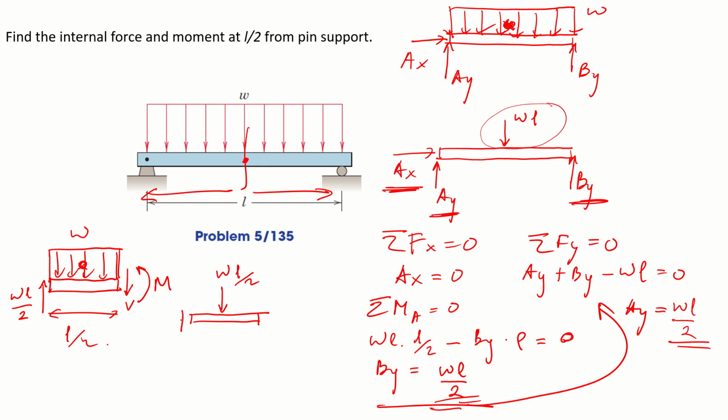And we have wL per 2 here as well, and V and moment. We can solve this by using sigma moment equal to 0 and sigma Fy equal to 0.